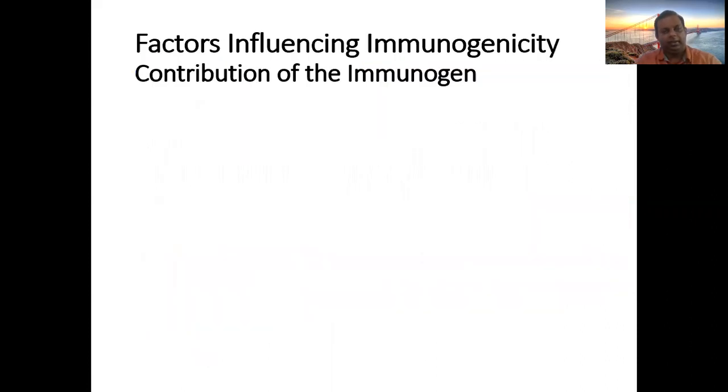Antibody, we'll learn later. So, factors influencing immunogenicity, contribution of the immunogen. Foreignness: the more non-self, the higher the immunogenicity. Size: molecular size more than 10,000, or 100,000 daltons, immunogenicity is high.